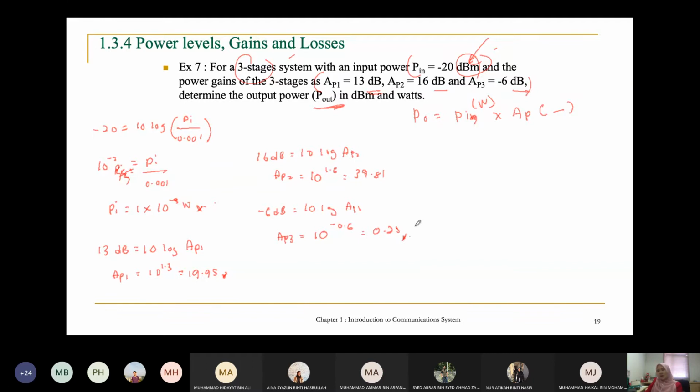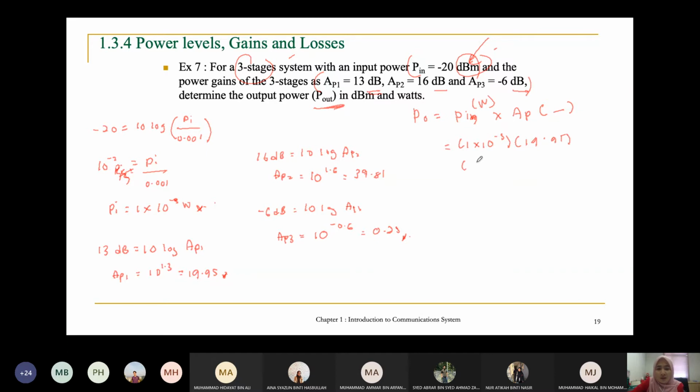Okay, so now then only you can use this formula. You can calculate for P out. So P in is 1 multiplied 10 to the power of negative 5, multiplied with AP1 which is 19.95. I hope you can see this. Susah nak menulis ni.